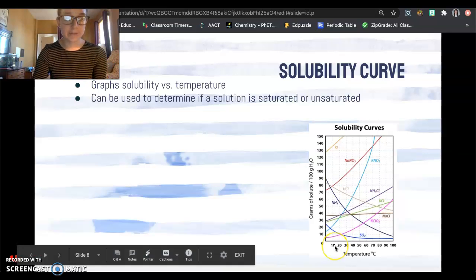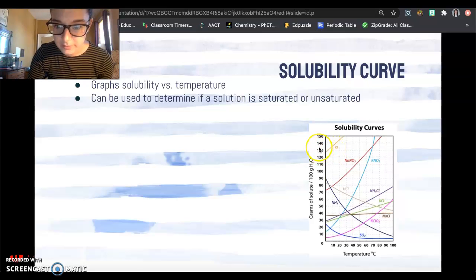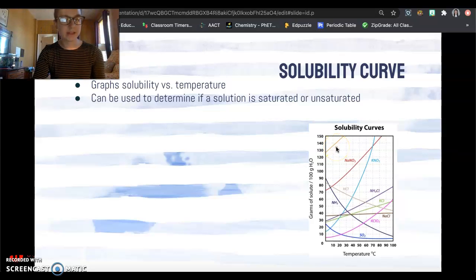So I go to 15 degrees Celsius, I look for potassium iodide, and I go to 135, and we hit about there, the middle of that square. The middle of that square is lower than the curve shown for potassium iodide. So that means, under these conditions, I have an unsaturated solution.